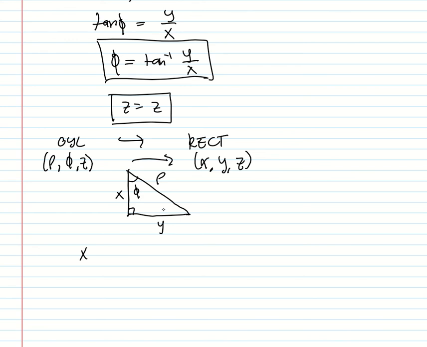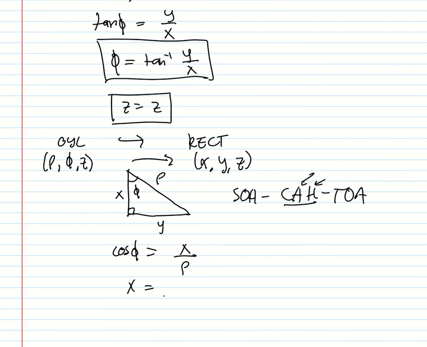Going back to SOHCAHTOA, what function relates the adjacent side and the hypotenuse? It should be cosine. Cosine phi is equal to the adjacent divided by the hypotenuse, which is x divided by rho. So x will be equal to rho times cosine phi. This is our x in terms of rho and phi.